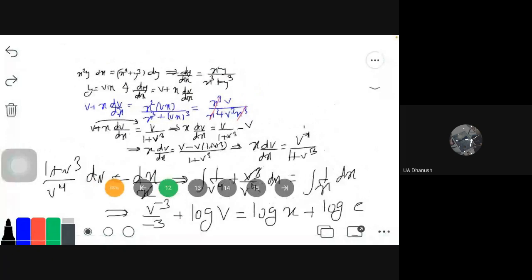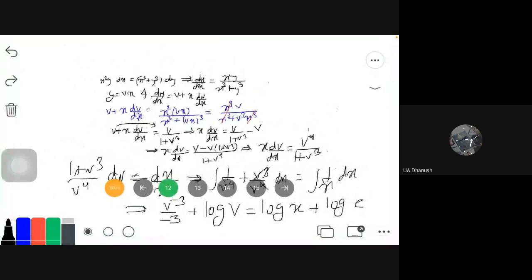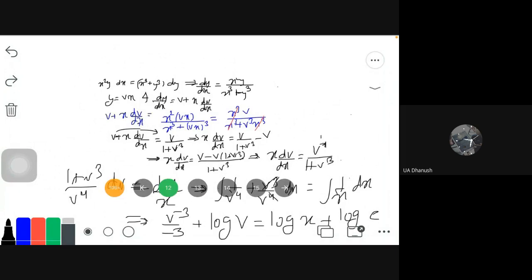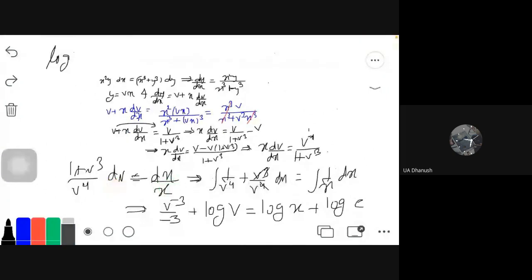This can further be written as, this term I will take there. So I will get log of v is equal to, this is log of x plus log of c can be written as log of x into c.